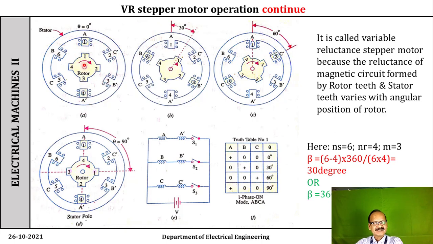Now the 2 diametrically opposite poles, or 2 diametrically opposite coils, are connected in series and excited by a DC source or driver circuit or electronically driven switch, with sequential switching. And when the DC supply is fed to this series connected coil, it produces north pole and south pole.